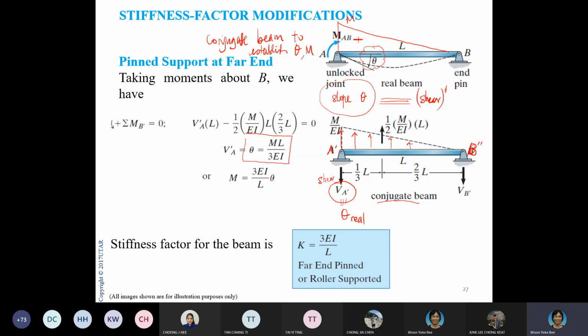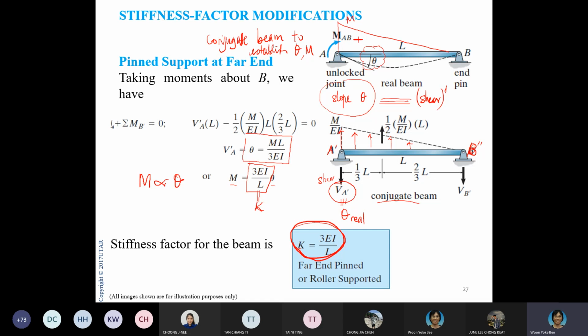I rearrange the equation to get M in terms of theta, and I will have this, and this is the constant K. M is proportional to theta, so this is the coefficient for the stiffness, K. That is how we show that if the far end of your member is a pin or roller support, the factor that you can modify it to will be this.